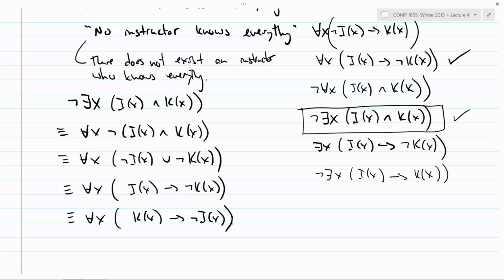So the second last one says for all people, if that person is an instructor, then he or she does not know everything. Exactly, yes. And that's the same as no instructor knows everything. If you are an instructor, then you definitely don't know everything. And this last one here is saying, if you know everything, then you must not be an instructor, because no instructor knows everything. Okay? So is it clear how all of these are the same?